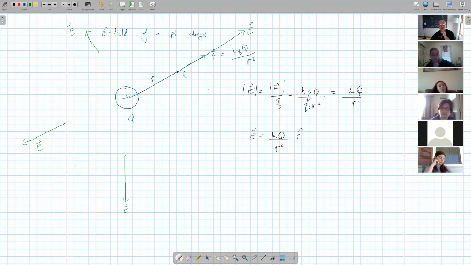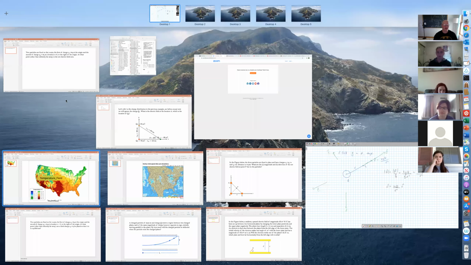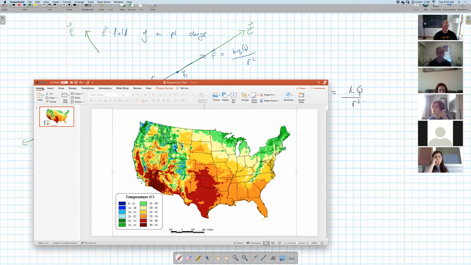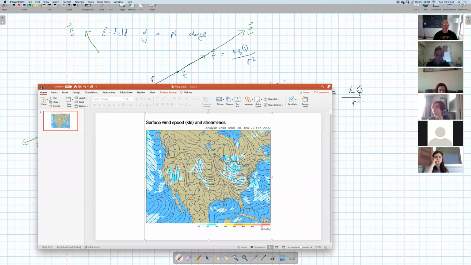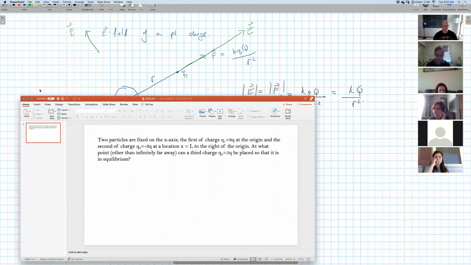So the electric field is telling me if I put a charge there at that location, how much force would that charged particle actually feel at that location? So this is what we call the electric field. Okay.